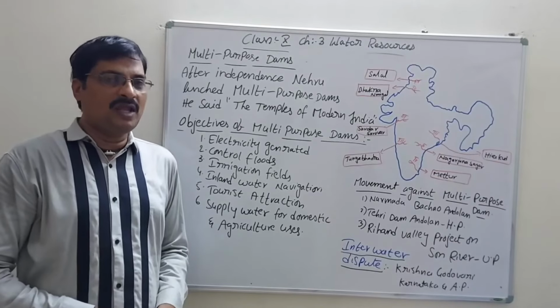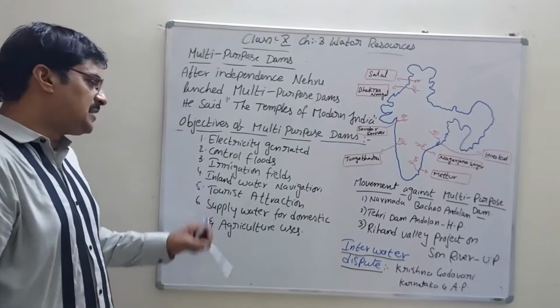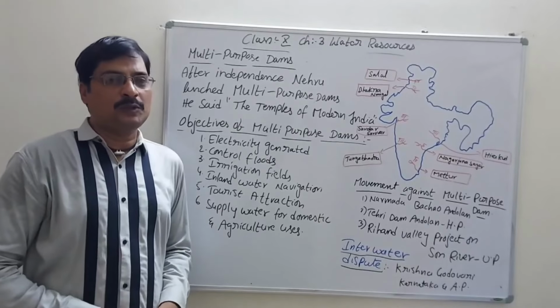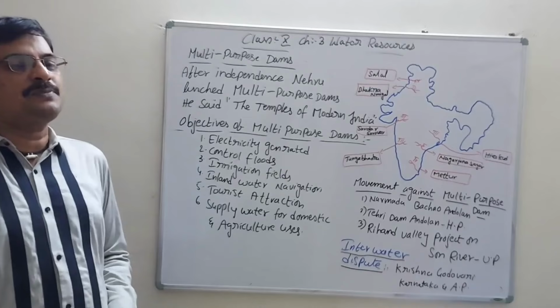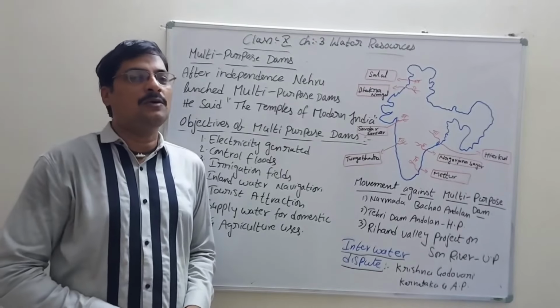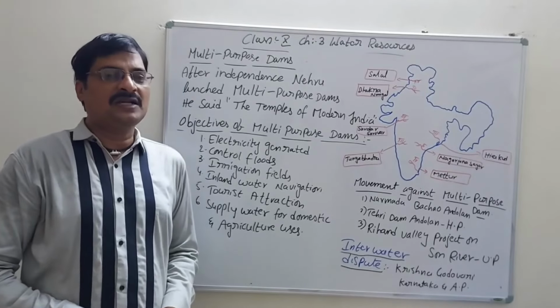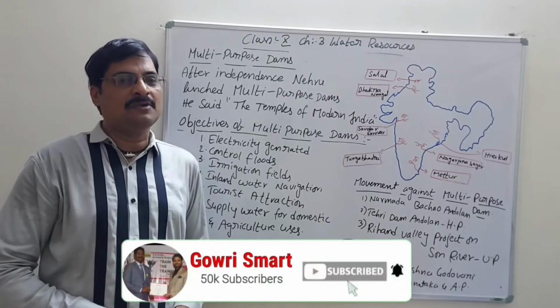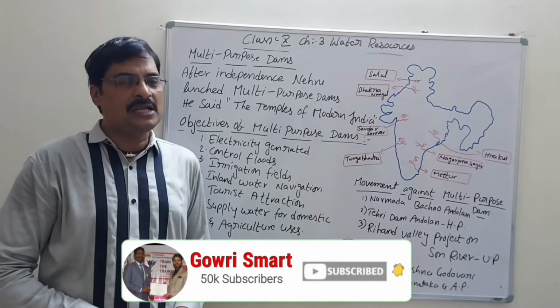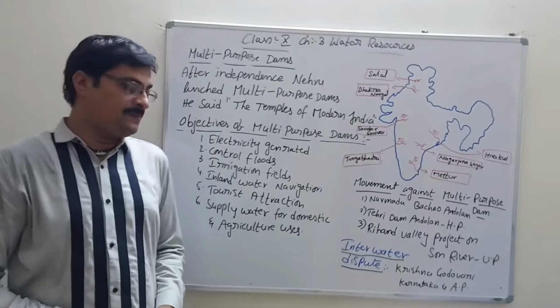It is very useful. Next, dams attract tourists, and many tourists come from various places to visit the dams. For that also, we can get some profits from tourism, which helps economic development.